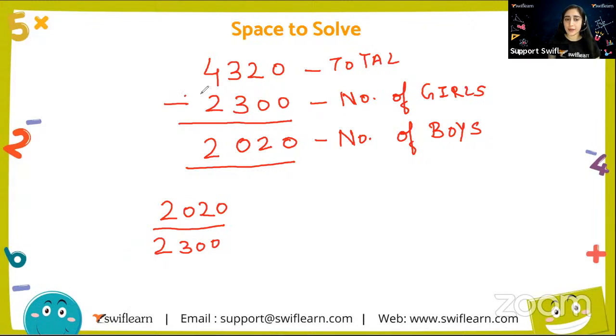Can you see this here? Yes. These are the number of girls, these are the number of boys. So boys on the top, girls at the bottom, because the comparison is from boys to girls.